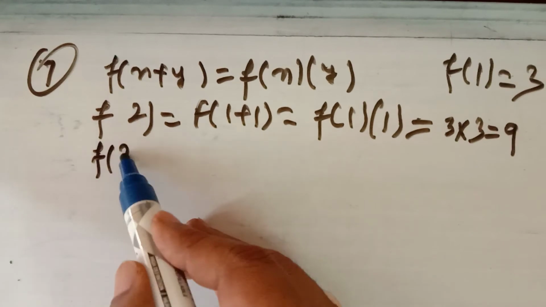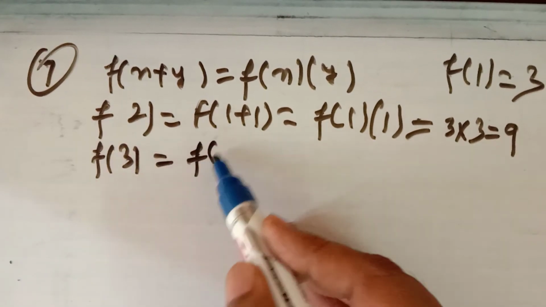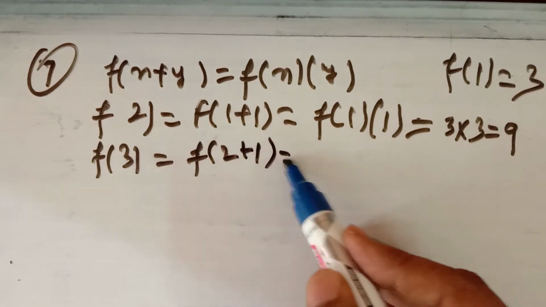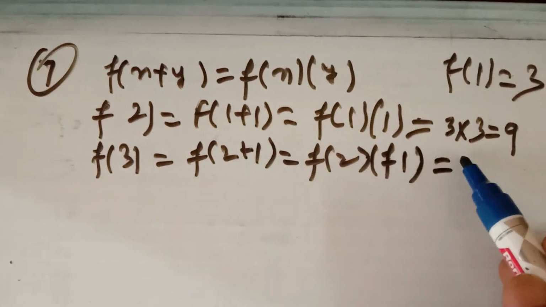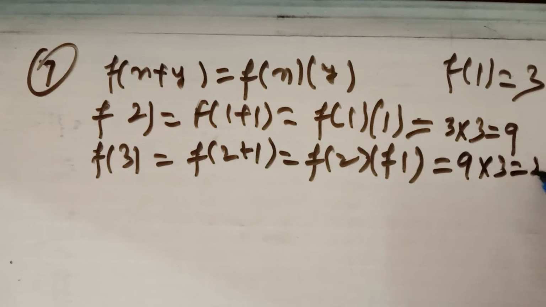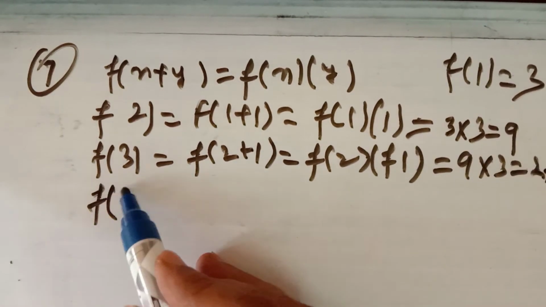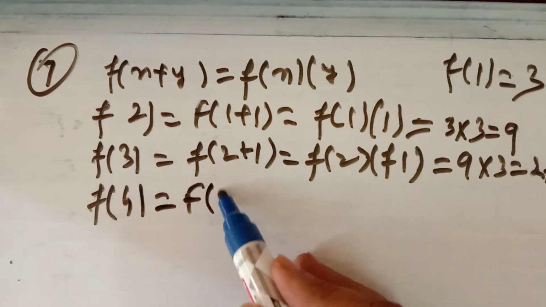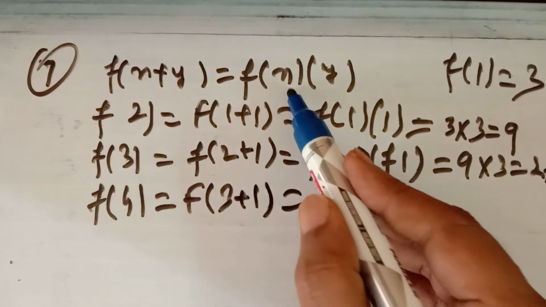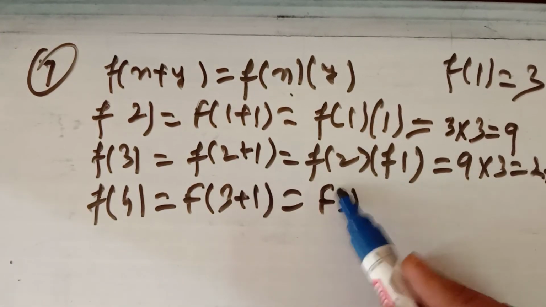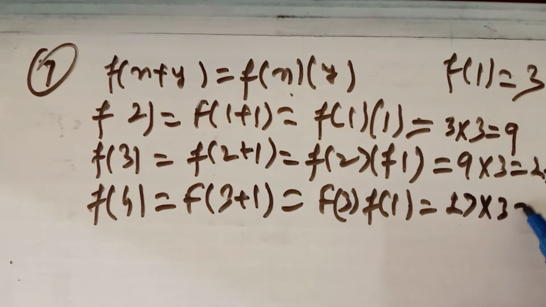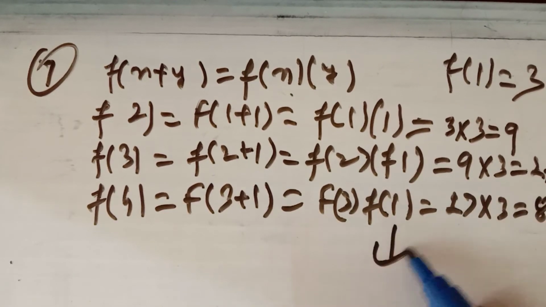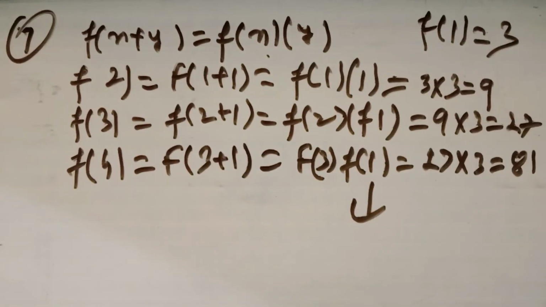And if you have to find f(3), you can write f(2 plus 1), which is f(2) into f(1). f(2) is 9, and this is 27. Like this, for 4 you can write f(3 plus 1), and using this identity, f(3) into f(1), which is 27 into 3, which is 81. Like this we can arrange.